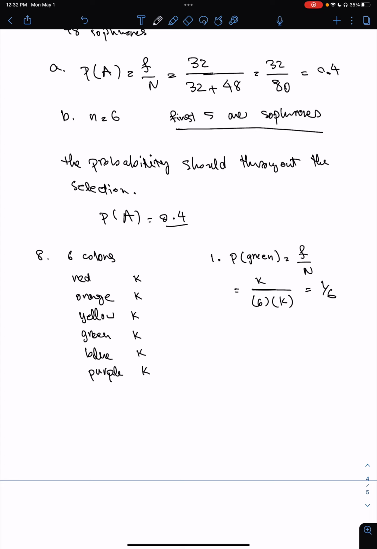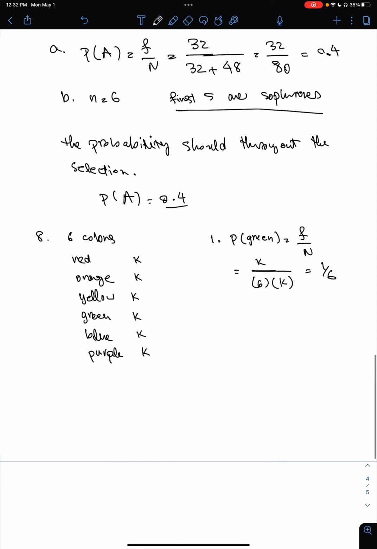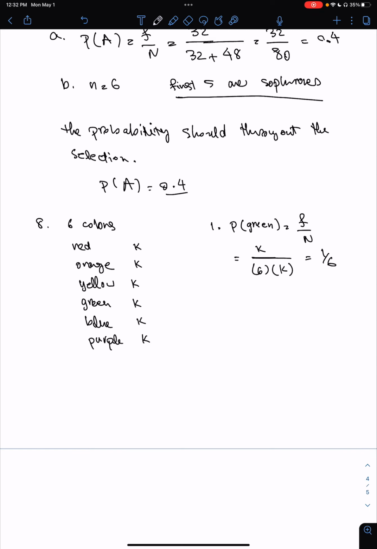Or basically, the easier way to say it is that if we have an equal number of candies for each color, it doesn't matter how many of each we have, because they are all the same number. The probability will be 1 over 6, as if we had one candy from each color. So 2 is randomly selecting either a green or a yellow.